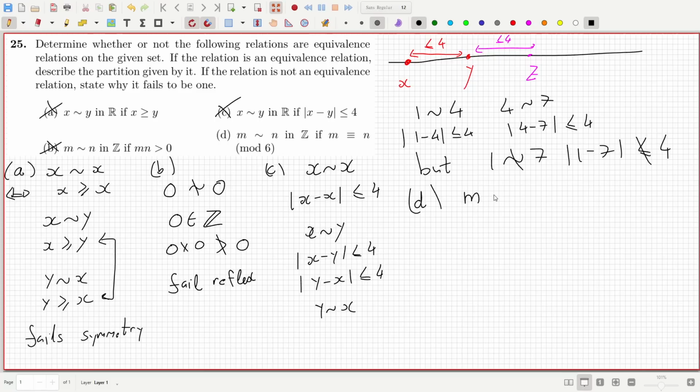Is m equivalent to m? That means m minus m: does 6 divide into that, basically? Does 6 divide into 0? I guess technically yes.